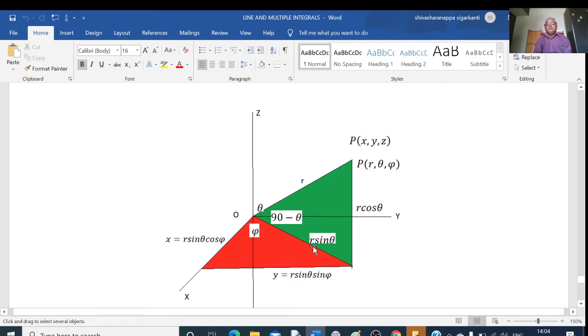What is the hypotenuse? The hypotenuse is r sin theta. So y is r sin theta into sin phi. And x is the adjacent side, given by hypotenuse into cos of this angle, r sin theta into cos phi. So x equal to r sin theta cos phi, y equal to r sin theta sin phi, and z equal to r cos theta.